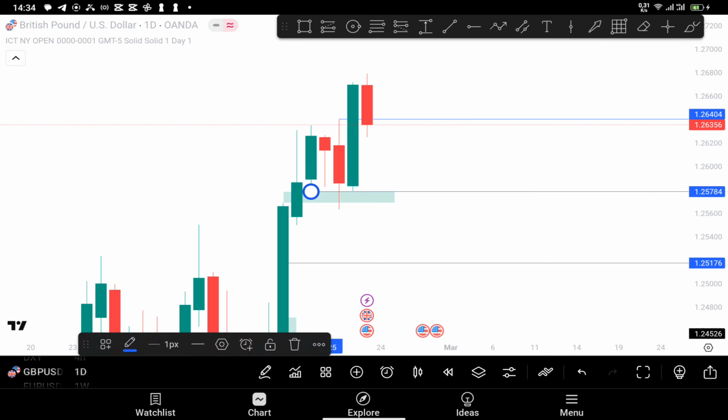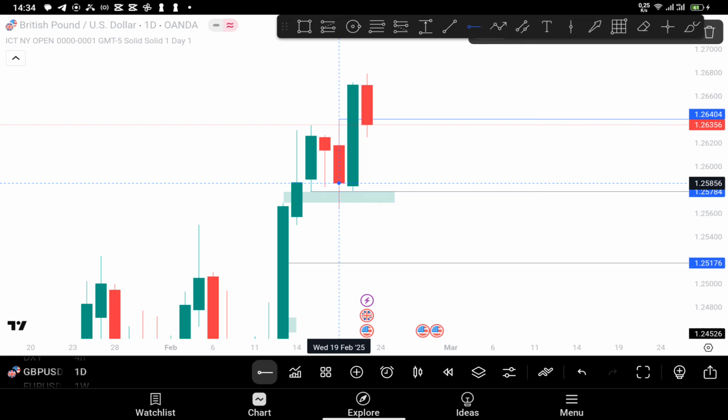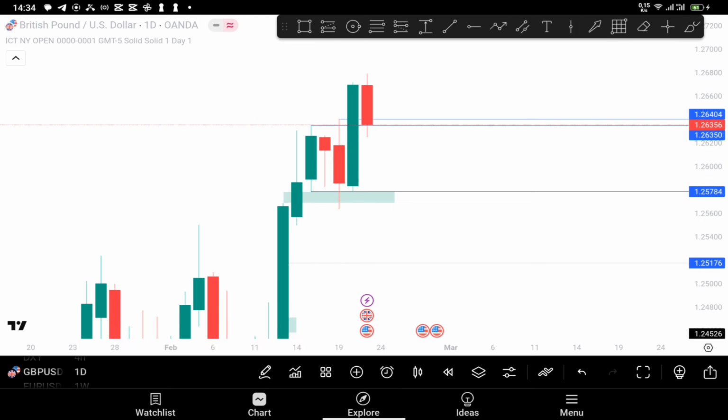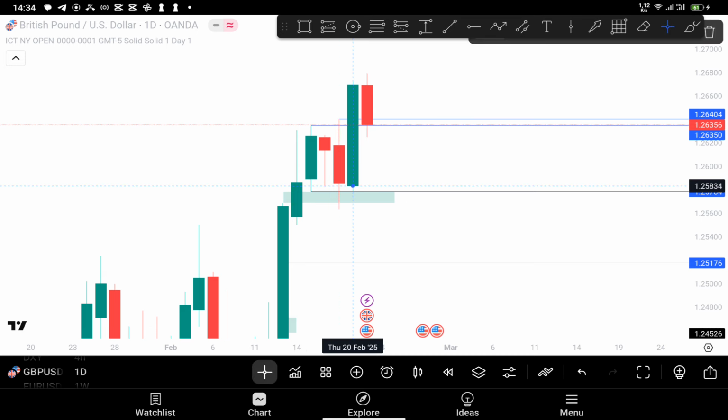how Monday was a consolidation. Okay, Monday it was a consolidation. Tuesday was a consolidation. Okay, and then what happened is that we opened Wednesday, we paired buy side, and then we went for sell side inside this gap.